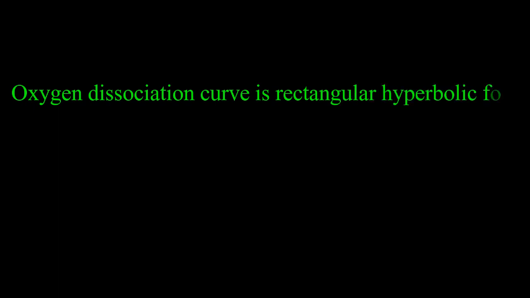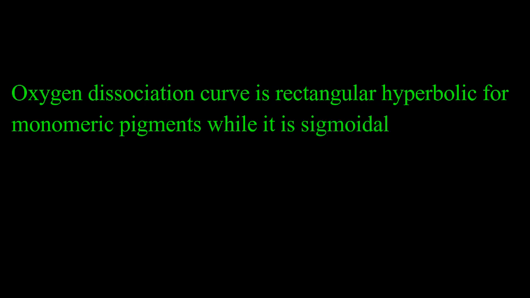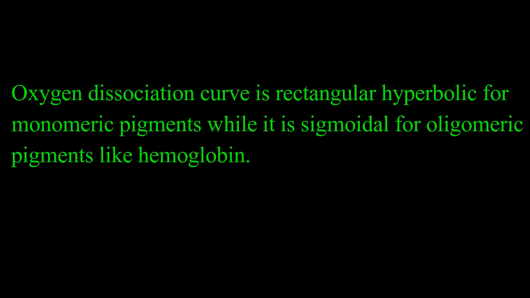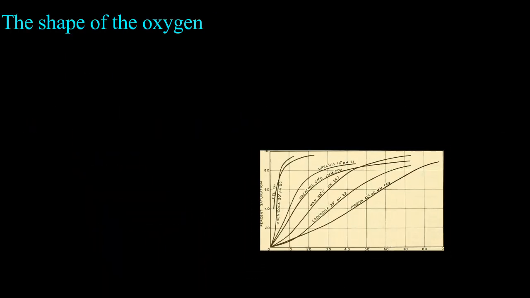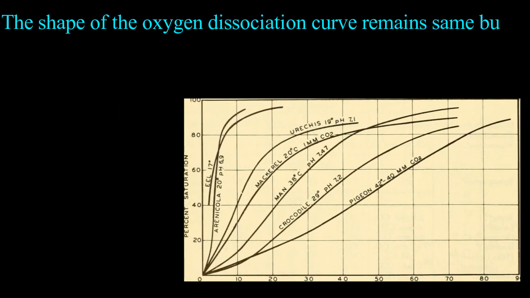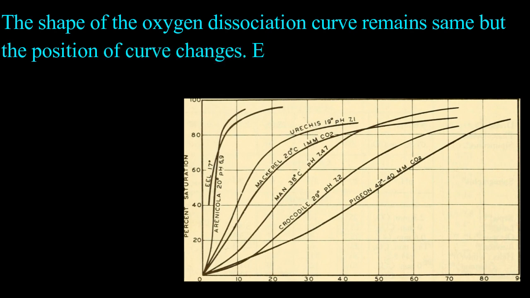In the last video, we have seen that the oxygen dissociation curve is rectangular hyperbolic for monomeric pigments like myoglobin, while it is sigmoidal for oligomeric pigments like hemoglobin. The shape of the oxygen dissociation curve remains the same, but the position of the curve changes.